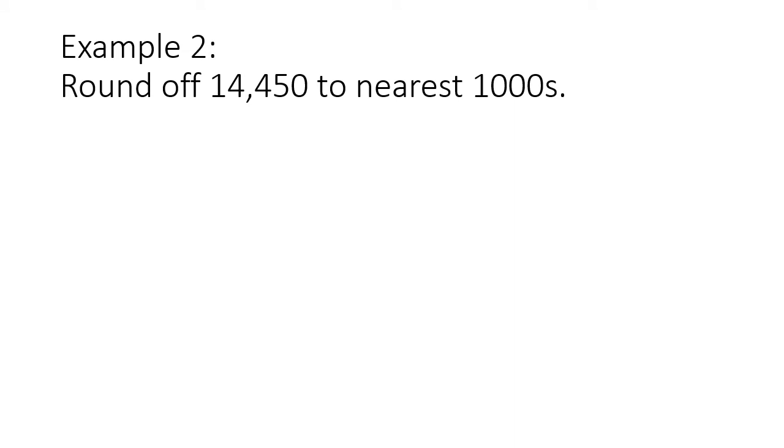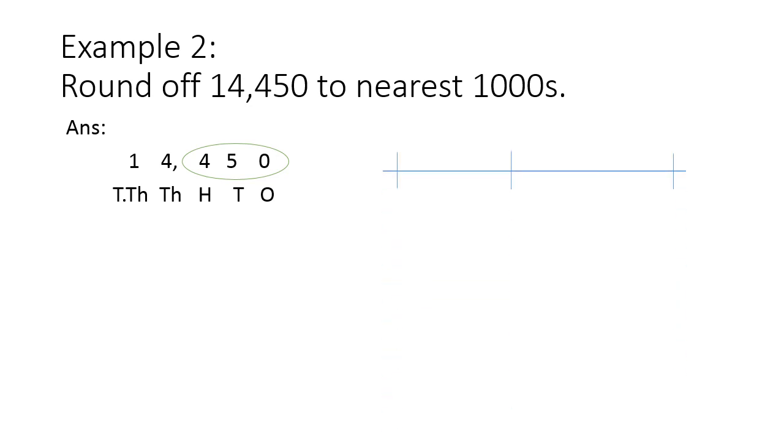We will see the next example. Round off 14,450 to the nearest 10,000. Sorry, 1000. So round off 14,450 to the nearest 1000. The first step, you have to write the place values: ones, tens, 100, 1000, 10,000. The next step, here 1000. Except for 1000, after 1000 all digits should be 0. So this 14,450 comes in between 14,000 and 15,000.